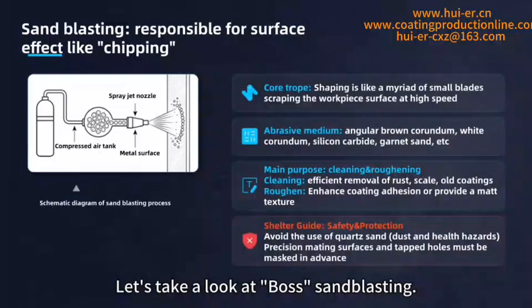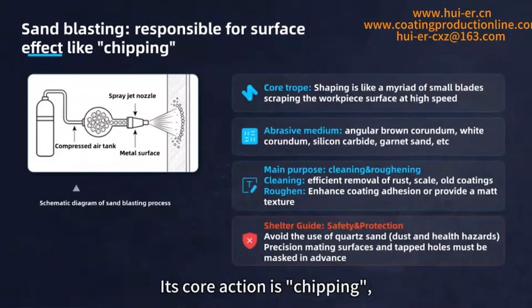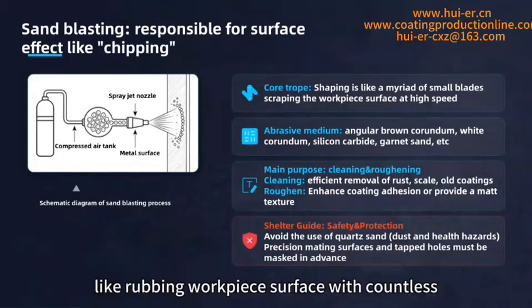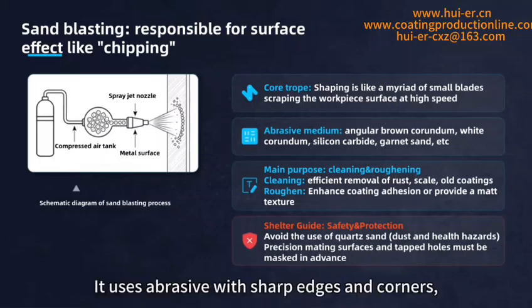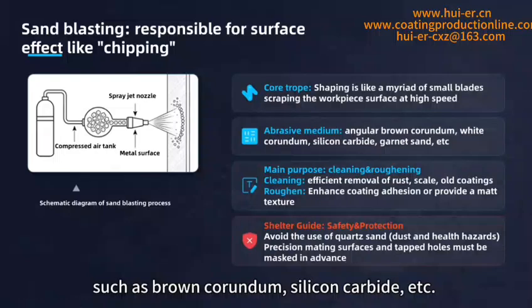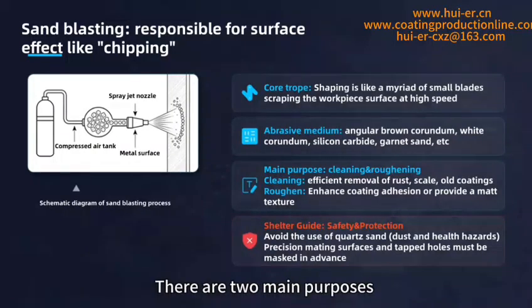Let's take a look at them one by one. Sandblasting. Its core action is cutting, like rubbing the workpiece surface with countless small blades. It uses abrasive with sharp edges and corners, such as brown corundum, silicon carbide, etc. There are two main purposes of sandblasting.